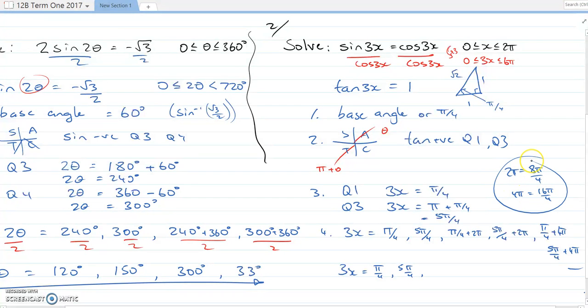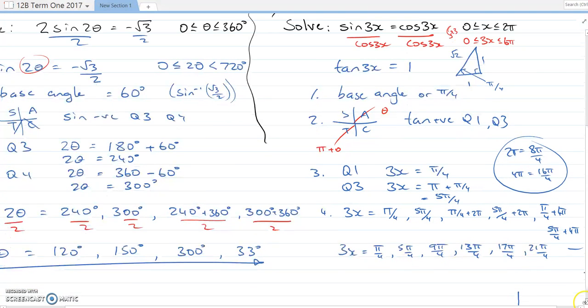Okay, so pi over 4 plus 8 pi over 4 is 9 pi over 4. Then we got 5 plus 8, so this is 13 pi over 4. Next one, 16 plus 1, 17 pi over 4. And the last one, 5 plus the 16 is 21 pi over 4.